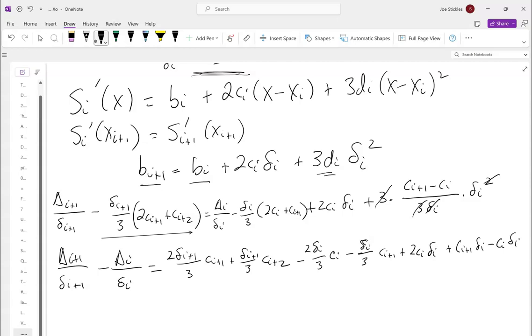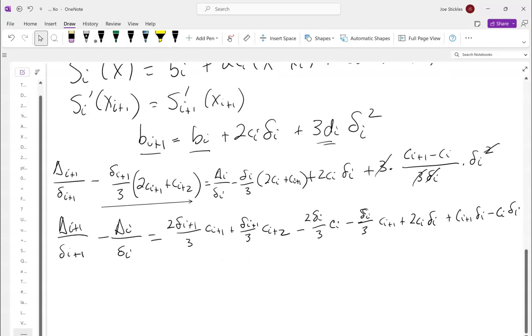I've got a plus 2 C sub I. I've got minus a C sub I. I'm not worried about the deltas because they all have a delta attached to them, right? Here's a C sub I with a delta sub I, here's a C sub I with a delta sub I, here's a C sub I with a delta sub I. 2 minus 1 is 1. Minus 2/3 gives me a third, right? So we've got delta I over 3 C sub I.